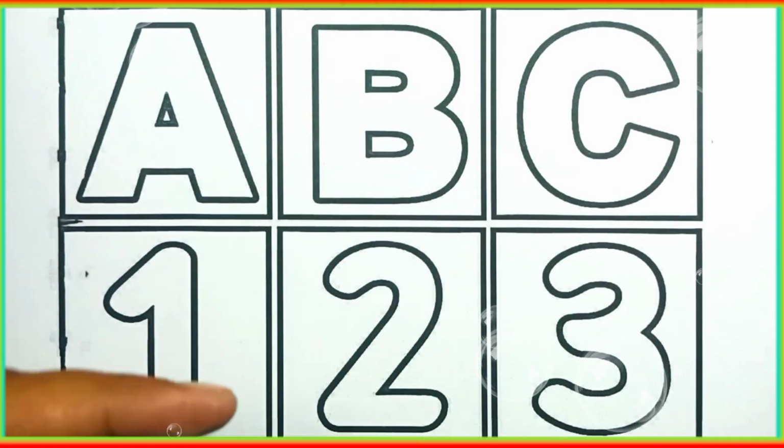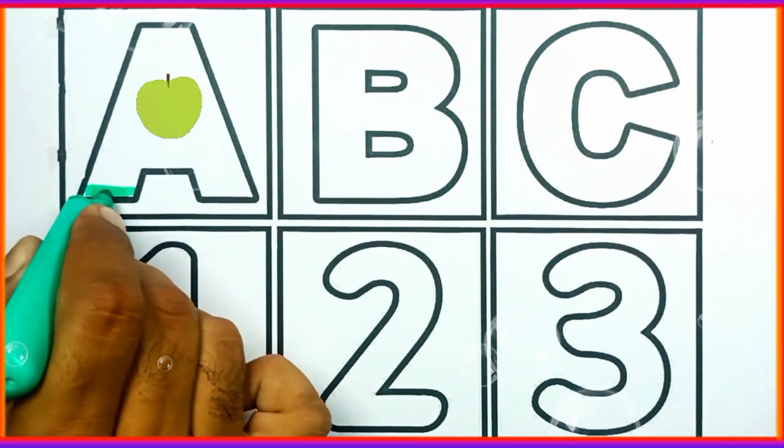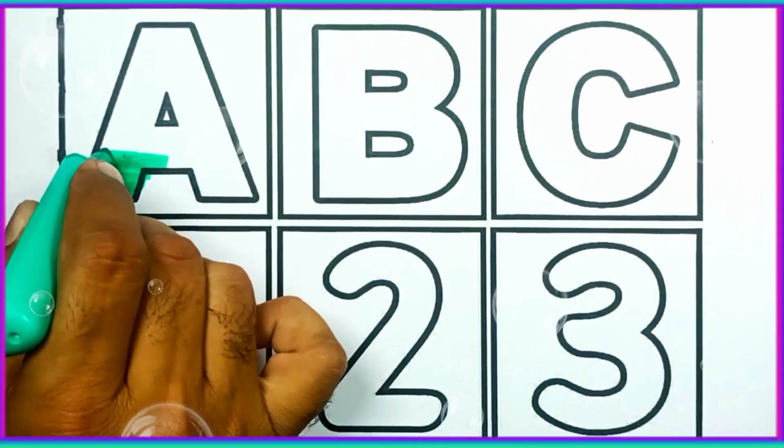ABC 1, 2, 3 drawing. Sea green color, A for apple.